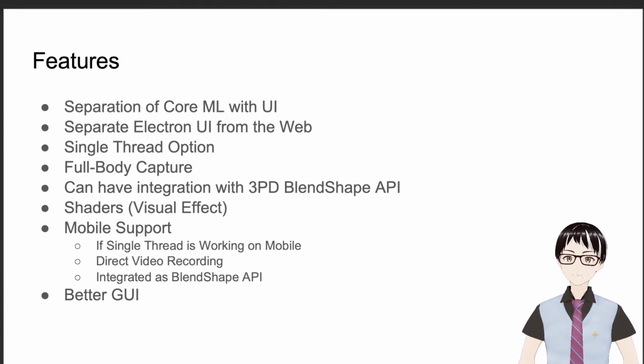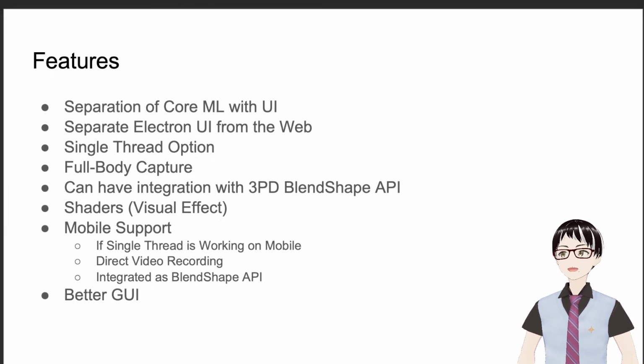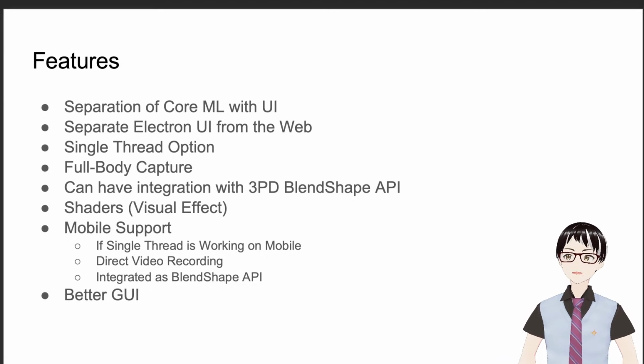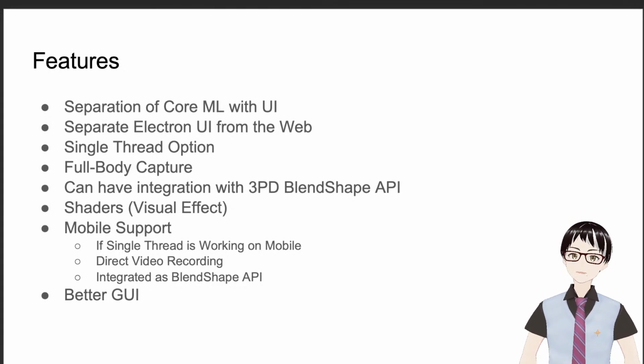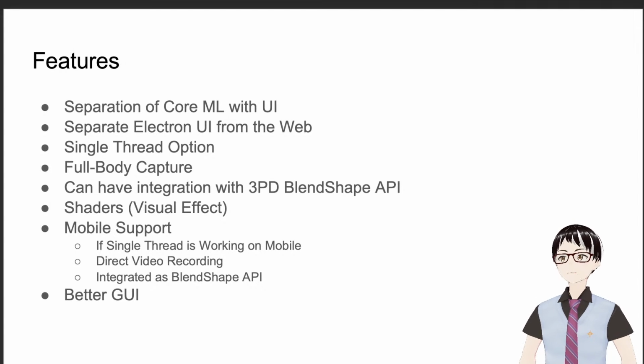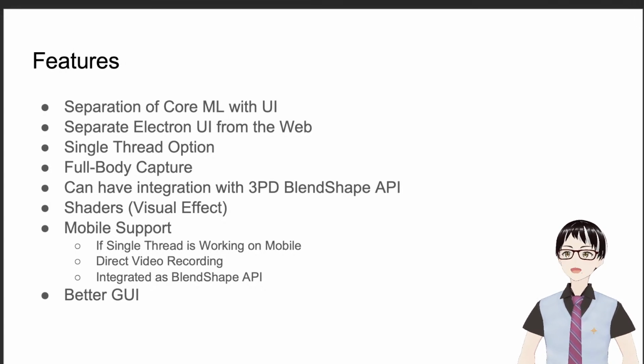And then we will have a single thread option, which we'll also need to consider today while doing the core separation. For body capture, there is another option that I would like to add. Then we'll check the API for other third-party blend shape and start the integration, or have a capability to do the integration.